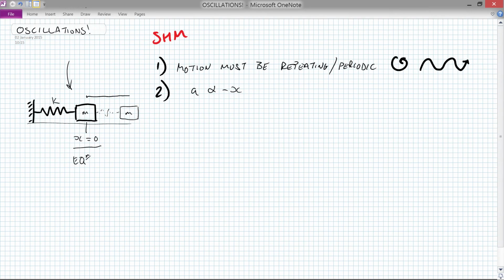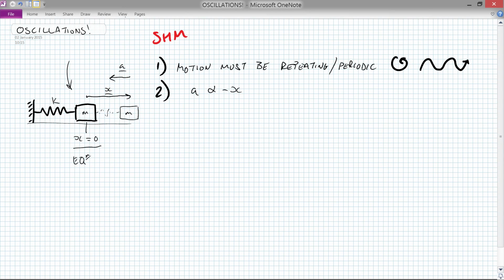We could consider a position vector x underlined, and there will be some acceleration vector a underlined acting on it, and it's always in the opposite direction. If I increase x, a will also increase in step. Likewise, if I decrease x, so will a.